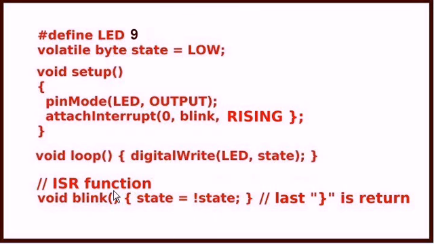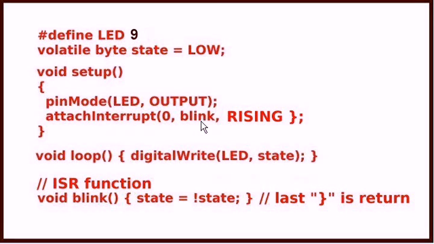Note something here, it looks like a regular subroutine, except this last curly brace is considered the return. This is the return from interrupt as far as Arduino knows. So I sit here, I load this program, the LED is off for the first run. I press the switch, it goes low to high.